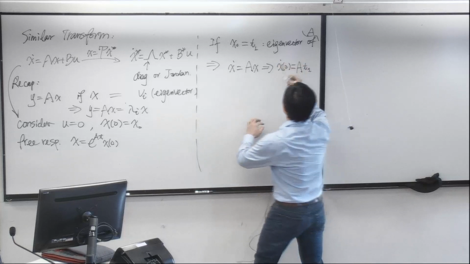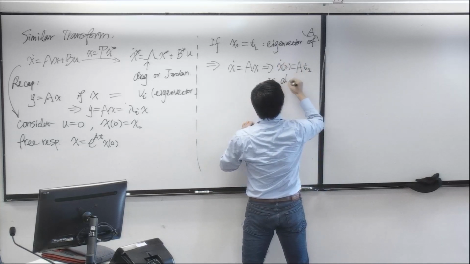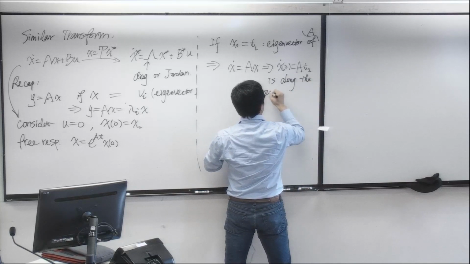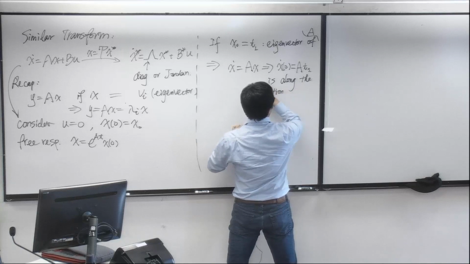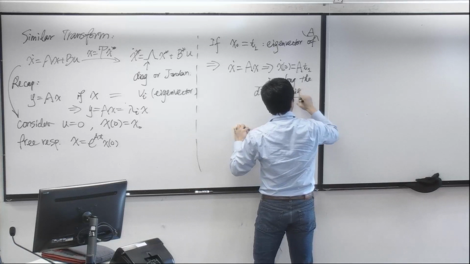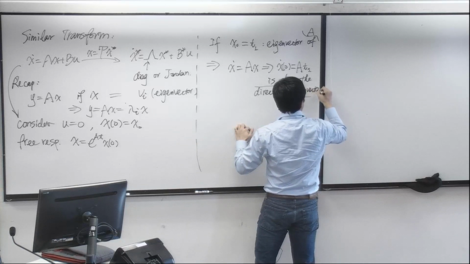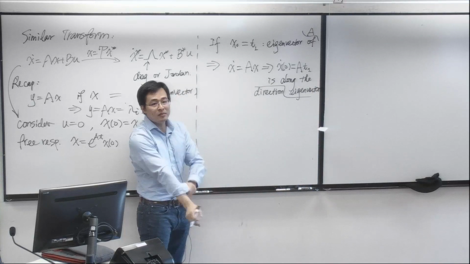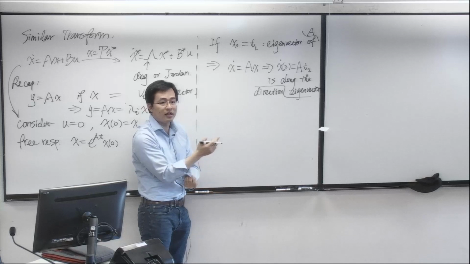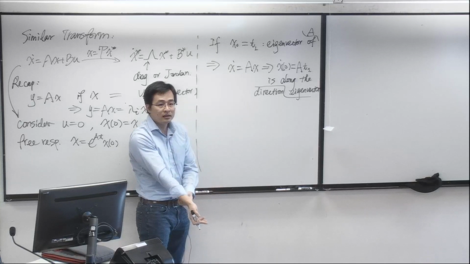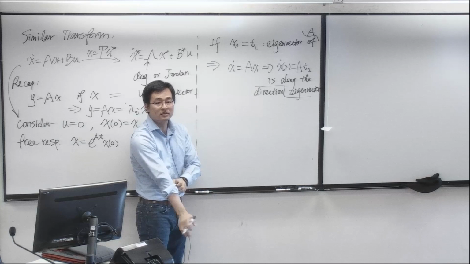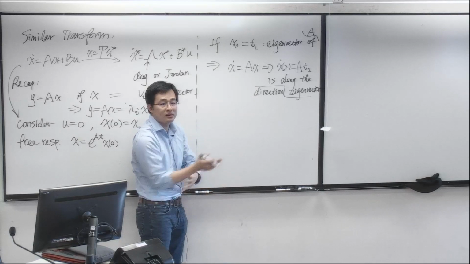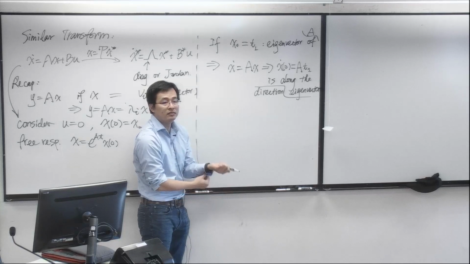So this is along the same eigenvector direction. That means we will not change directions if I start in the direction of one eigenvector. So the velocity is along the same direction. I'm just accelerating along the same direction.